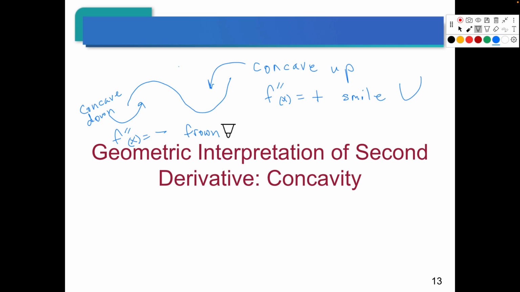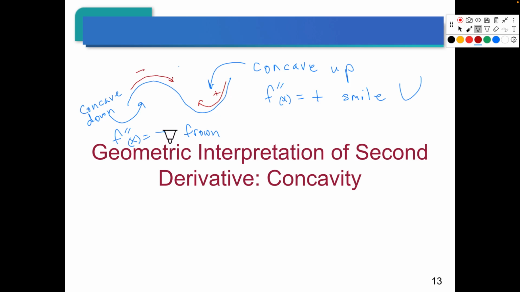And then to highlight, notice this graph, if we follow along this graph, this is all concave down, even though we're going across it, right? And I guess if we came back this way, this is all concave up. So the second derivative is positive here, it's negative here.